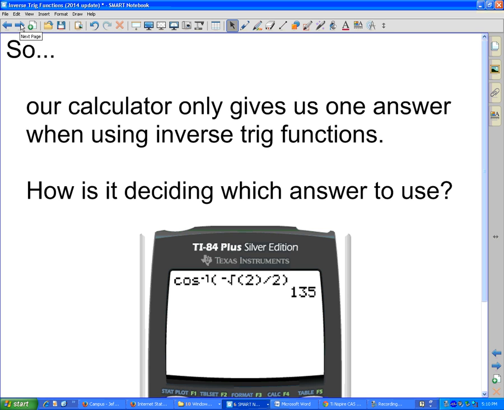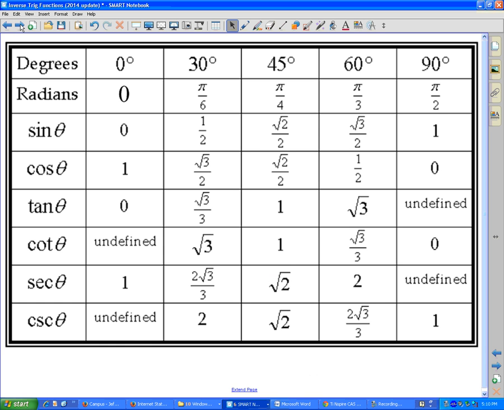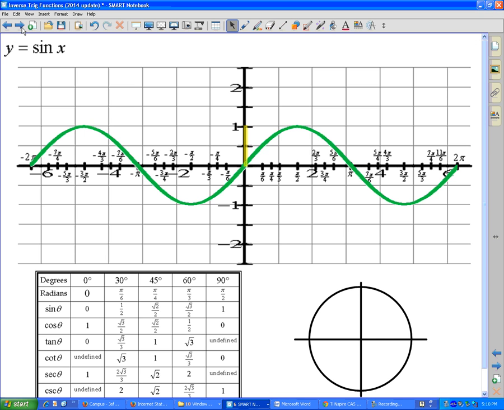Our calculators only give us one answer when using the inverse trig functions. How is it deciding to do this? Well, it's just how it's been programmed. And we're going to discuss why it's programmed that way right now. This is what we've been building up towards, the discussion of the inverse trig functions and the lava zones. Here's the deal.